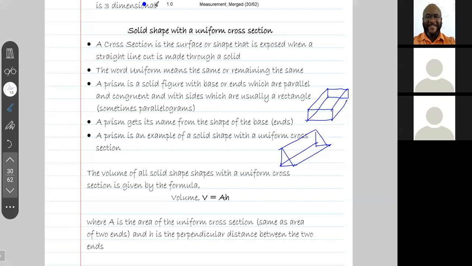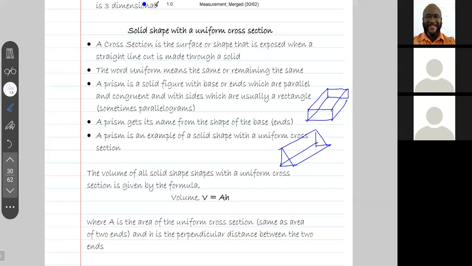If I cut this shape along its length, every single time I cut, I will always get a triangle. And the sides of this shape are rectangles. This shape has 3 sides and the 3 sides are rectangles. This shape is what you call a prism. It is a solid shape with a uniform cross-section and the sides are rectangles.